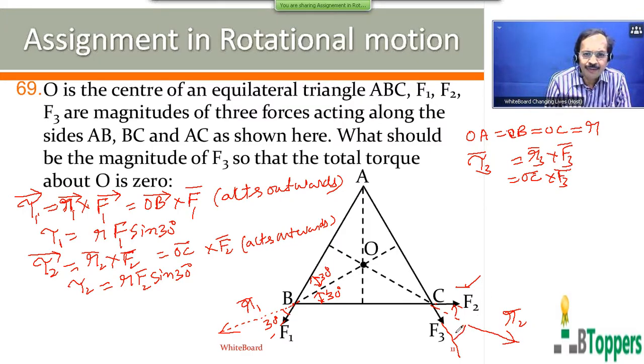So from the right hand thumb rule of the cross product of the vectors, tau 3 bar acts outwards. I'm sorry, inwards here. R3 bar acts in this direction, the same as the direction of R2 bar. R3 bar cross F3 bar, from the right hand thumb rule of the cross product of two vectors, you can observe that it acts inwards.